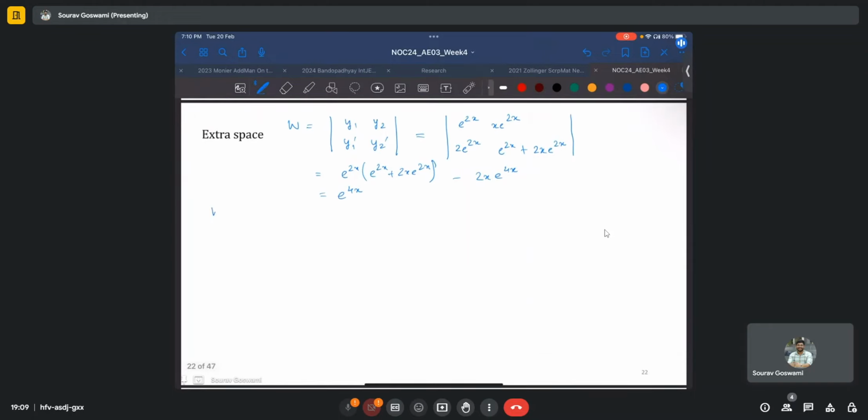Now, similarly, W1. The subscript 1 suggests that we replace the first column with 0 and the given function on the RHS, f(x), and leave the second column of W as it is.